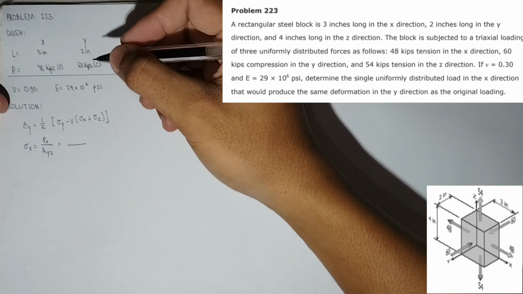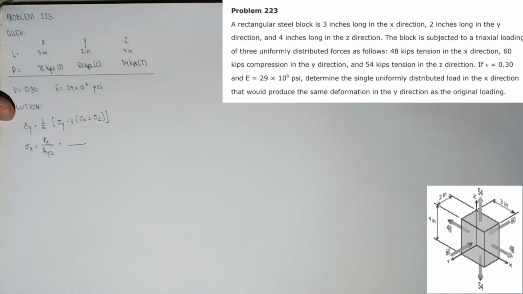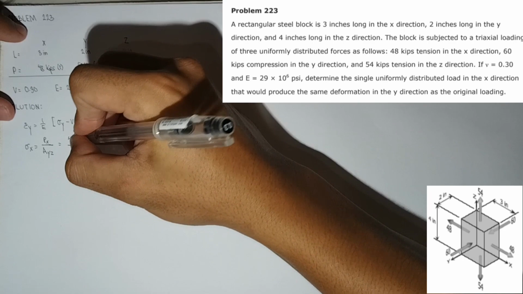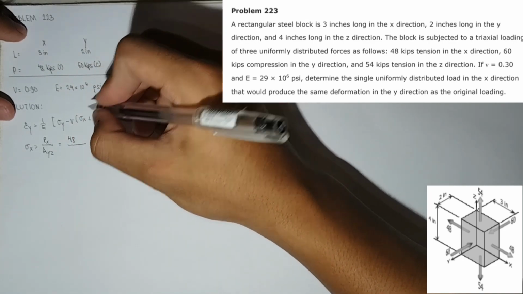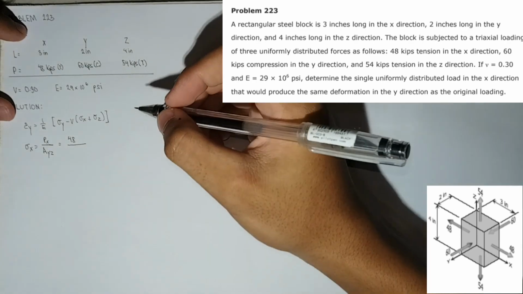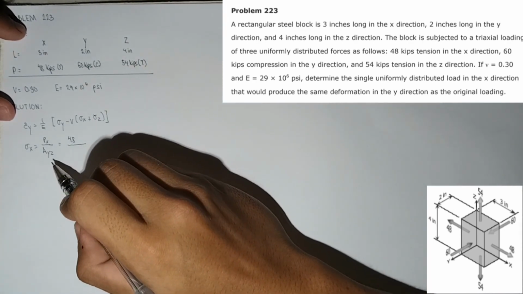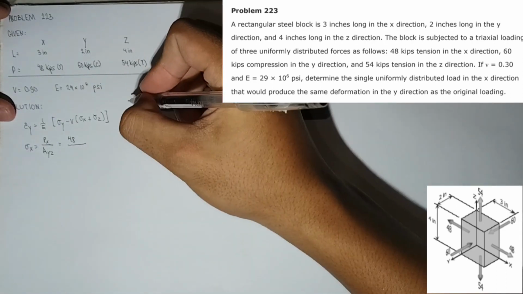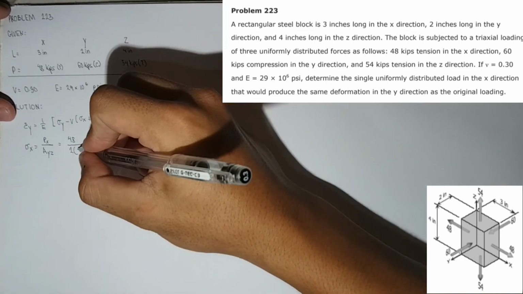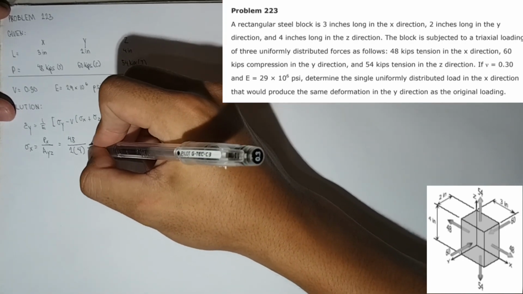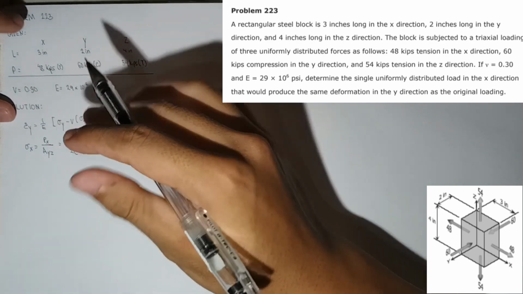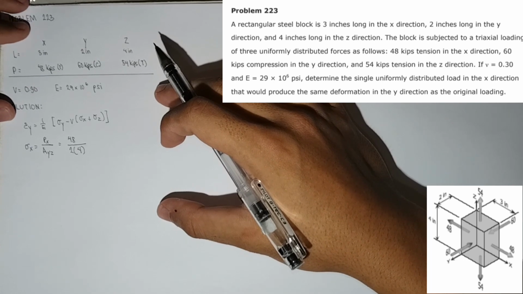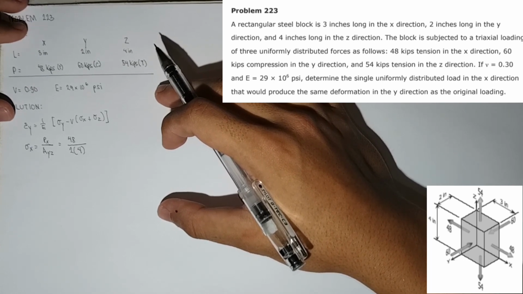For our force, our loading in the x direction, we have here 48 over, for our area guys, in y we have here 2 inches and our z is 4, so we put here 2 times 4. It is because our figure is a box, so the formula for the area of a square is length times width, right?